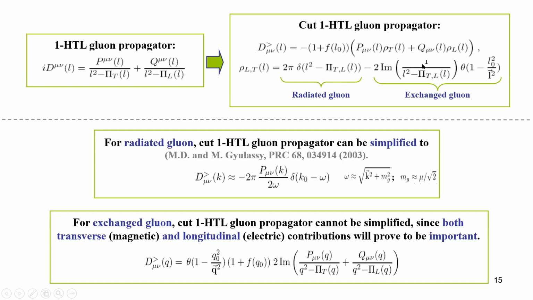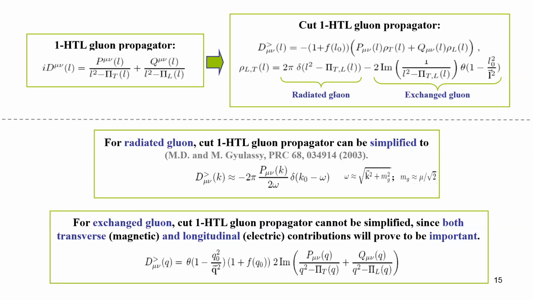On the other hand, for the exchanged particle, there is this part which corresponds to the theta function, in which we see that the energy is smaller than the momentum. So this is the virtual gluon, or so-called Landau damping contribution, or exchange gluon contribution.